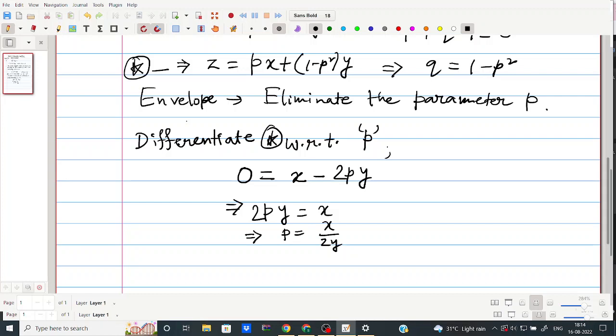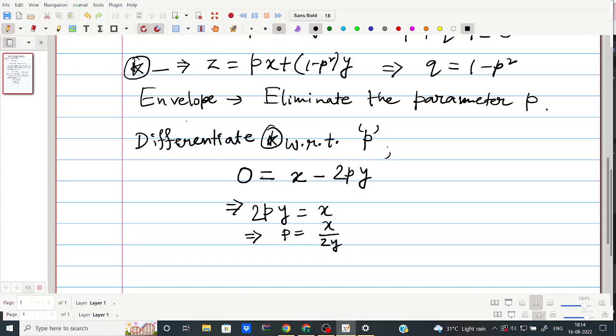Understand? So putting the value of p in star, what we get, z equal to px plus 1 minus p squared into y.